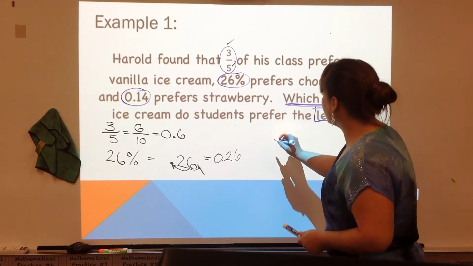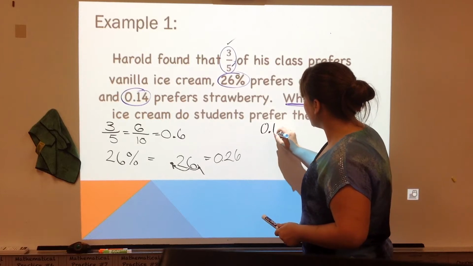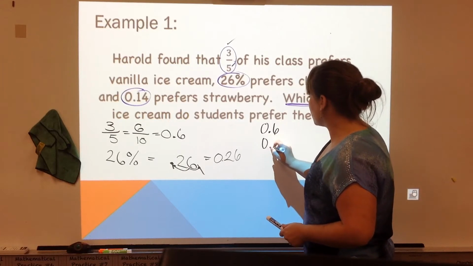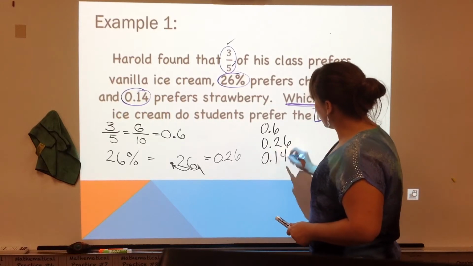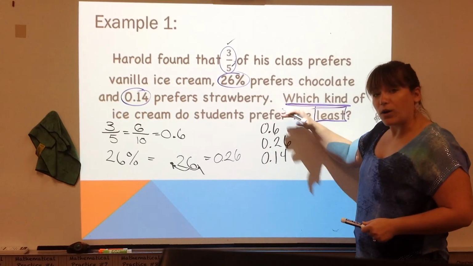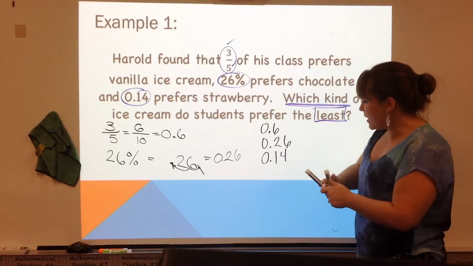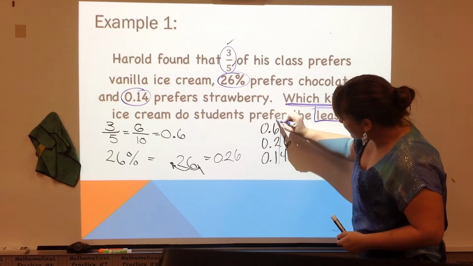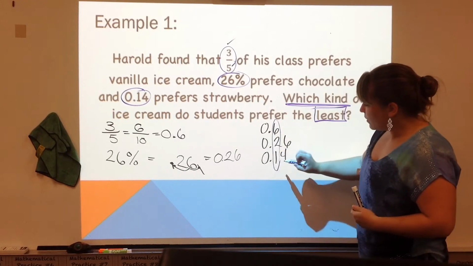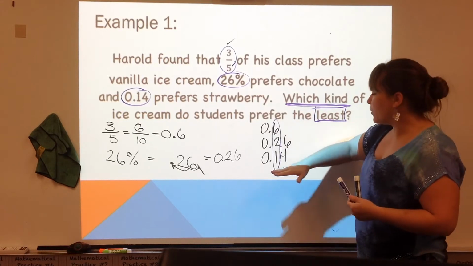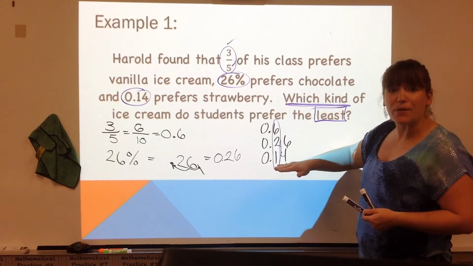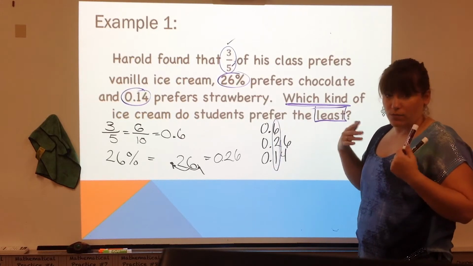Here's a trick when you're trying to compare them. You have to look at the decimal point places, and I'm going to put them right one on top of the other so that I can just look at the tenths place. And since they all have different numbers, I can stop and look at the smallest number, and that will be the least that I'm looking for.